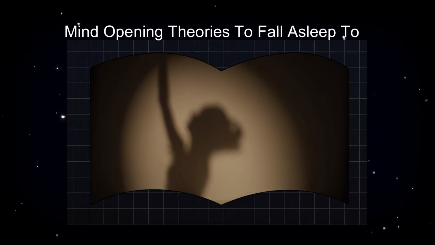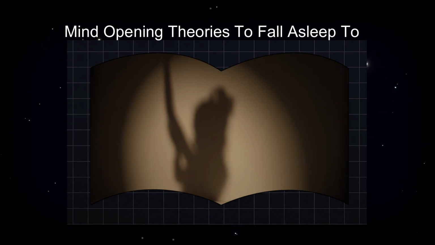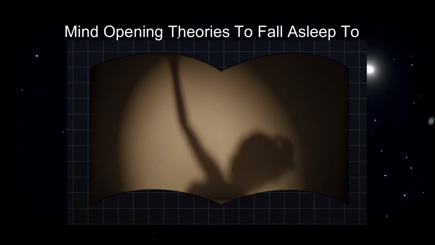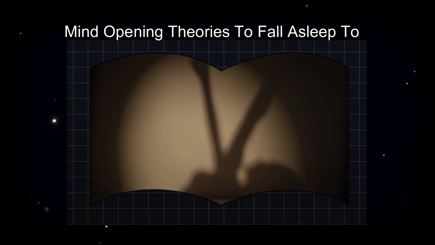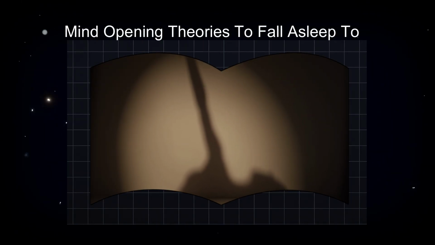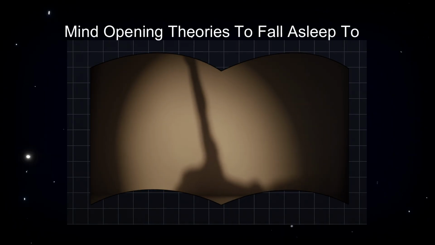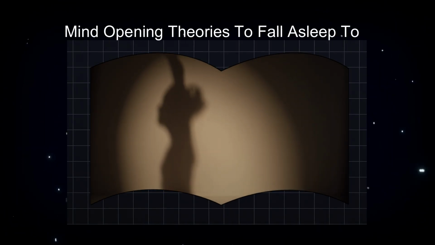Loop quantum gravity, or LQG, is one of the most promising ideas in that quest. It tries to merge the two most successful theories in physics, quantum mechanics and general relativity. Quantum mechanics governs the tiny, jittery world of atoms and particles.